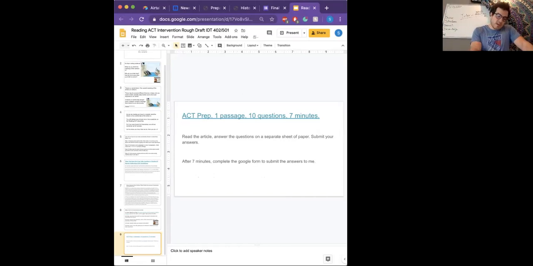If you can quickly summarize and annotate as you read and chunk it out a little bit, these subheadings are really good for that. You see this right here? These subheadings are perfect for chunking. So if you see those on the ACT, you can literally just read this section, summarize it real quick, and then move to the next section and so forth.